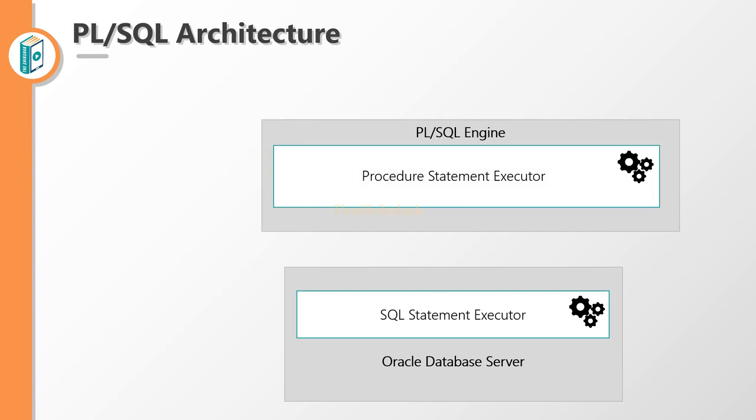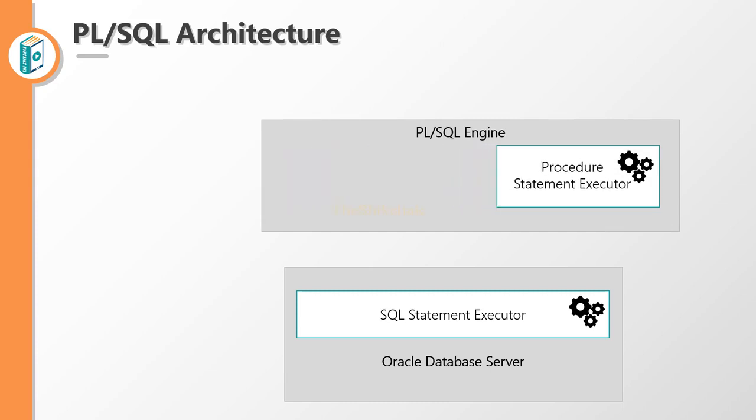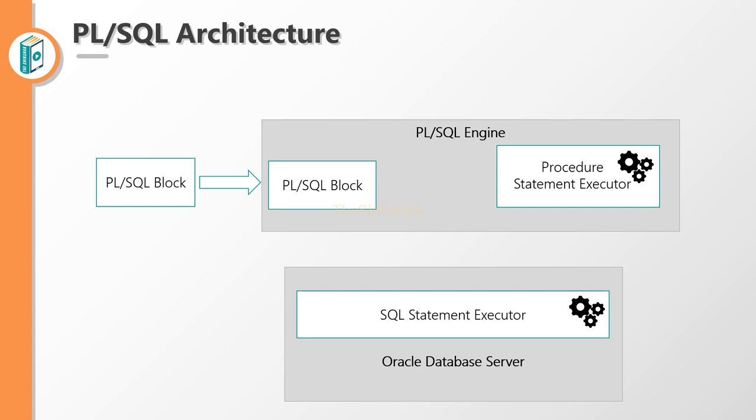अभी ये कैसे काम करता है? ये क्या करता है, जब भी आप PLSQL ब्लॉक को रन करने की कोशिश करते हो, this PLSQL block will be passed on to the PLSQL engine. Now the PLSQL engine will read through this particular block and it will transfer only procedural capabilities to the procedural statement executor.